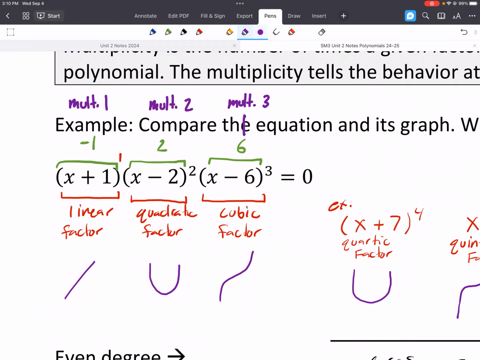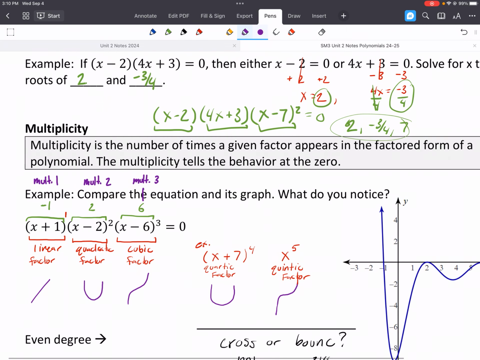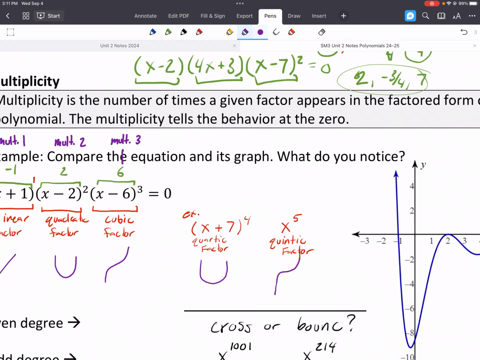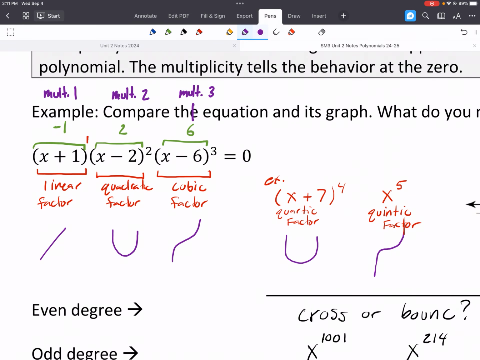So that's multiplicity. Multiplicity is the number of times a given factor appears in a factored form. So it could appear 1, 2, or 3 times like we did for this example. But the multiplicity also tells the behavior at the zeros, so at the x-intercepts. If we look at this example, we wrote down what our zeros are.